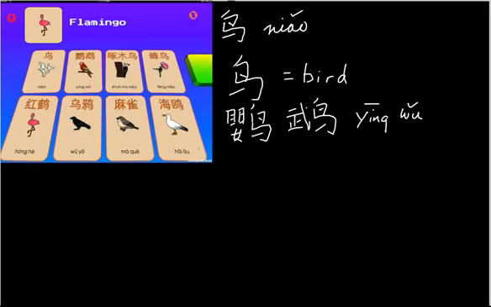Now you go to the third card on the right, you see 啄木鸟. This is a woodpecker. 啄木 means pecking the wood. Wood is mu, and niao is again the bird. So it's describing to you 啄, pecking, mu. Mu means wood.